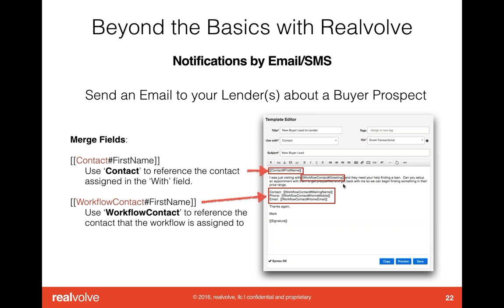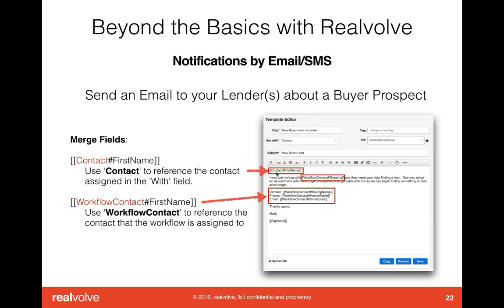Whenever you're dealing with a situation where the with field of an activity is set to something other than workflow contact, if it's set to specific contact, people that are tagged with, or select on start, it's going to allow you to use a merge field from the person that this activity is actually being sent to in that with section. And this will make sense here in a little bit. So hang with me here.